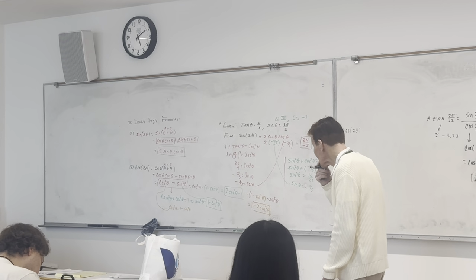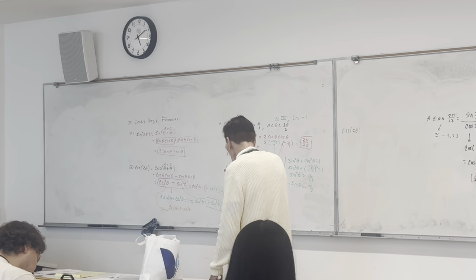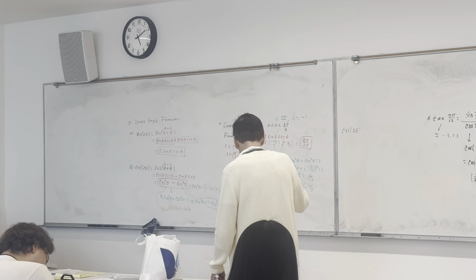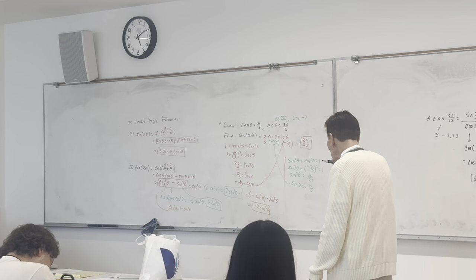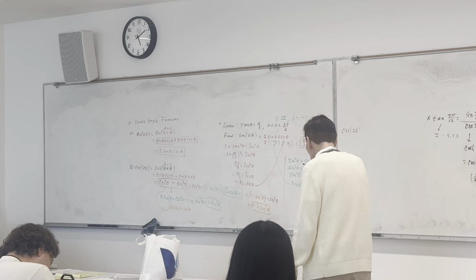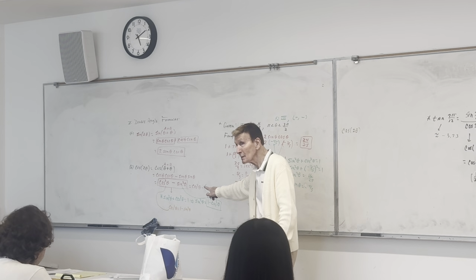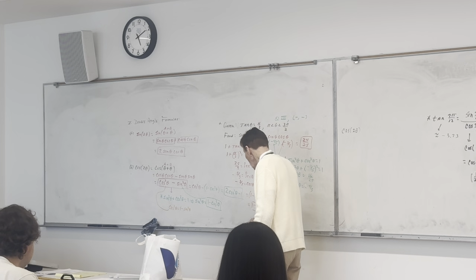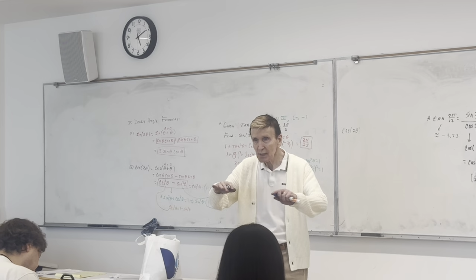They gave us tangent. Does anyone have a preference which of those 3 I should use to find this? Which one might be easier? They all will lead you to the same answer.